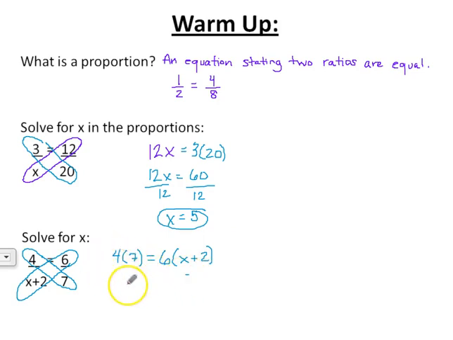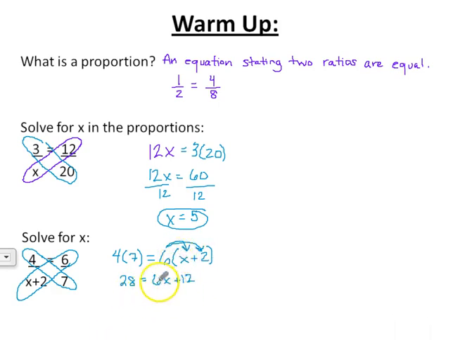So 4 times 7, 28 on the left. Now we need to distribute, so 6 times x is 6x, and 6 times positive 2 is plus 12. 6x plus 12. So now we need to solve for x.